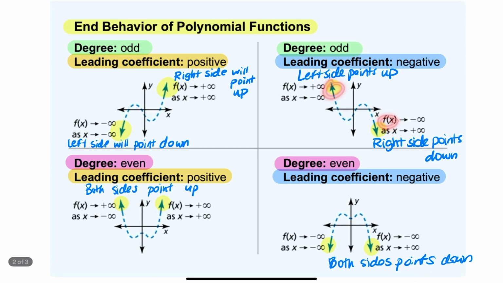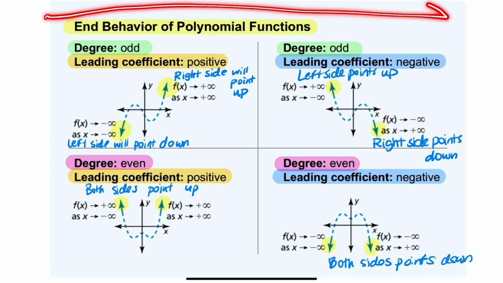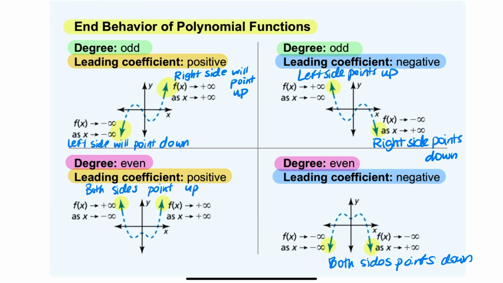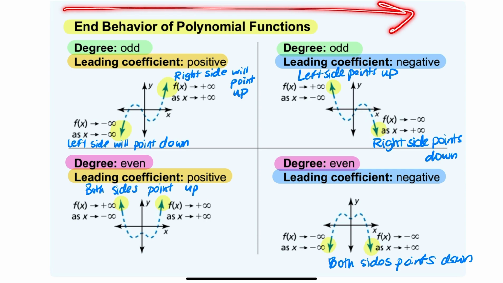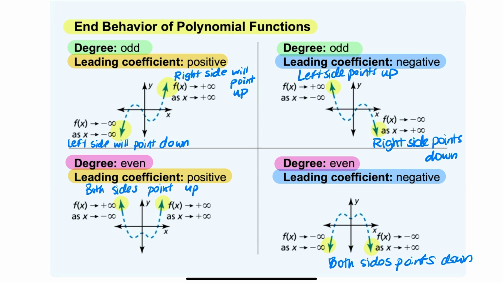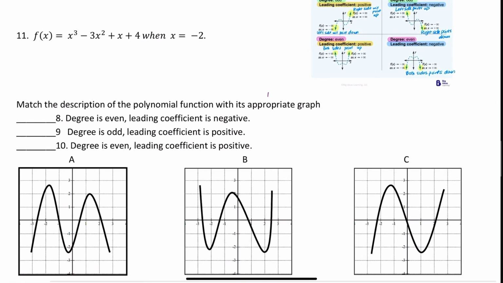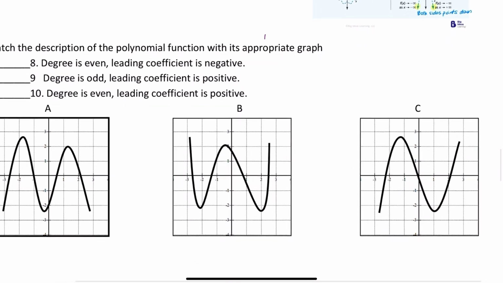Start, end. We read left to right, just like you've been reading the words on this screen. We read graphs from the left to the right. Okay, so let me show you how to use this graph, and that's going to be the last part of this worksheet, and then you can do the back on your own.